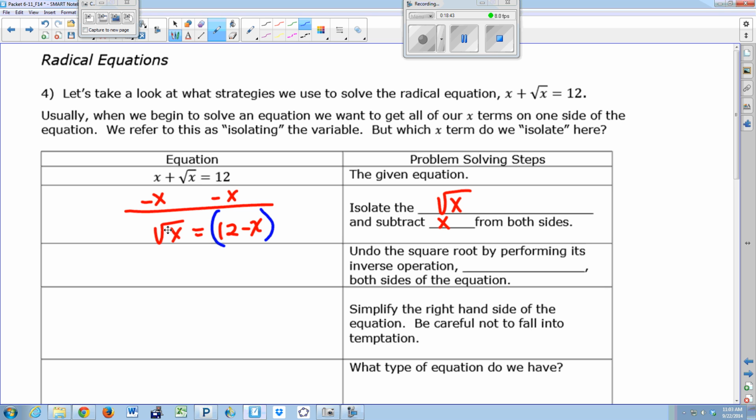What's the inverse operation of taking a square root? Squaring, right. So I undo the square root by squaring both sides of this equation. Here we go.